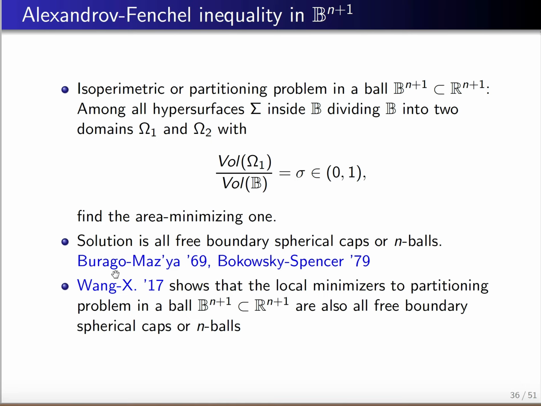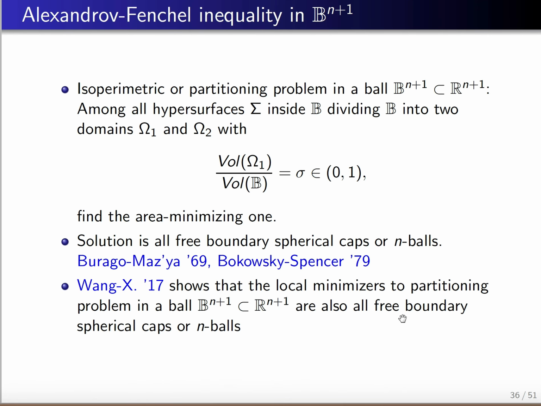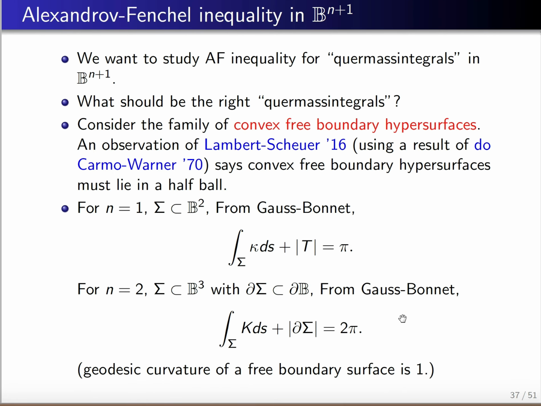And as we saw before, the local minimizers to this partition problem in a ball are also free boundary spherical caps or N balls. Now we want to study the Alexandrov-Fenchel inequality for quermassintegrals in a ball. So the first question is, what should be the right notion for quermassintegral?